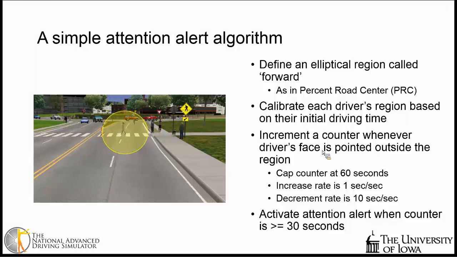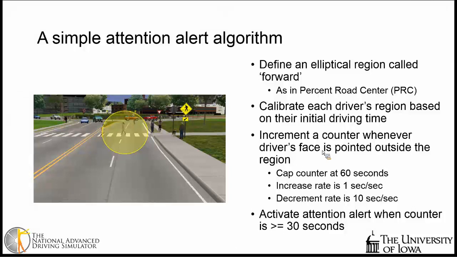But what we did was define an elliptical region in the forward scene. And this is something, if you're familiar with the measure called percent road center that Trent Victor has used for several years, it's what happens in that algorithm as well.